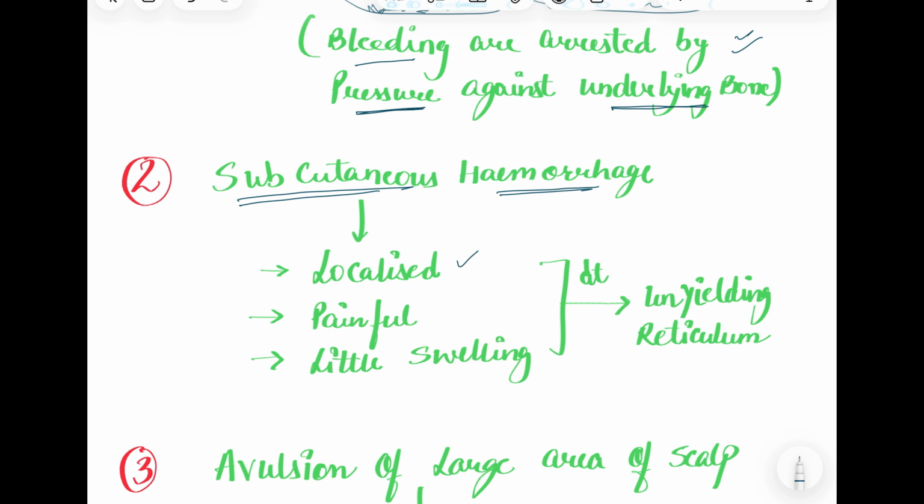It is going to be a localized hemorrhage. It's going to be very painful because the nerve supply is very rich, and the swelling is going to be very minimal. Because of the unyielding nature of the fibers, this hemorrhage is going to be localized and little swelling is going to occur.